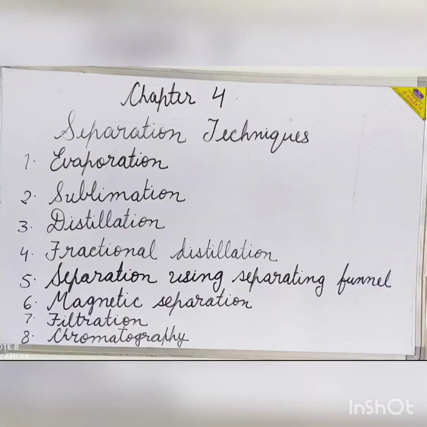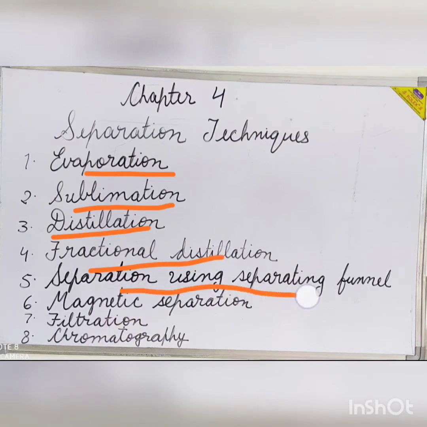There are many techniques to separate the components of a mixture. Some of those separation techniques we will study in this chapter, which are evaporation, sublimation, distillation, fractional distillation, separation of components using the separating funnel, magnetic separation, filtration, and chromatography.